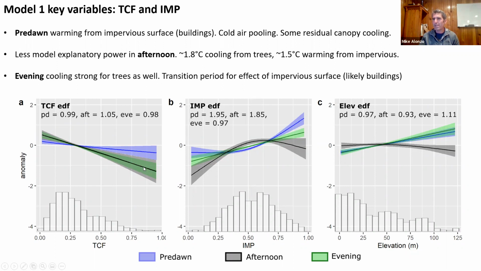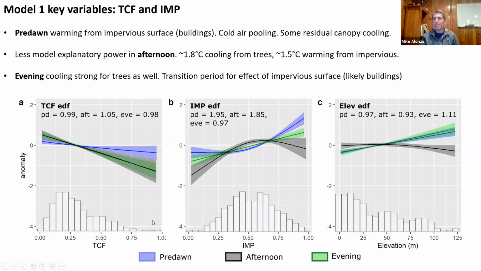So roughly the same. We're looking at something like 1.8 degrees of cooling between 0 canopy cover and 100% canopy cover. It's also important to note these distributions down here, because this shows you how many of our sample points were represented by each tree canopy cover fraction.